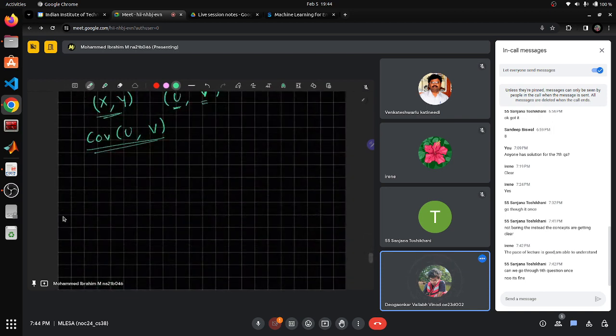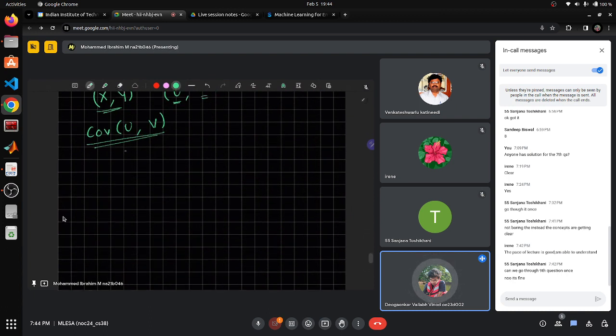So as we saw at the start of the lecture, covariance of two random variables is given by this expression. Right? So this is u minus the mean mu u, into v minus the mean mu v.